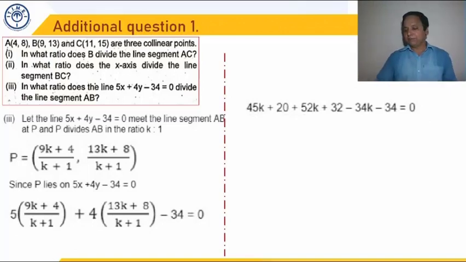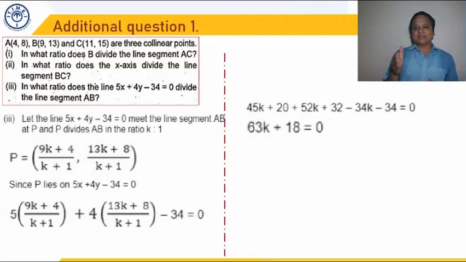So 45k plus 52k minus 34k gives us 63k. 32 minus 34 is minus 2. Minus 2 plus 20 is 18. 63k plus 18 equal to 0.